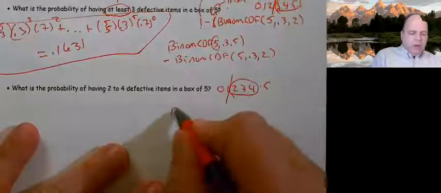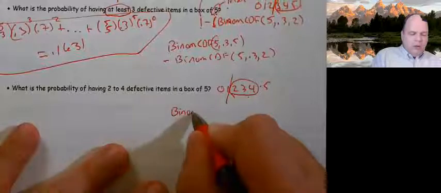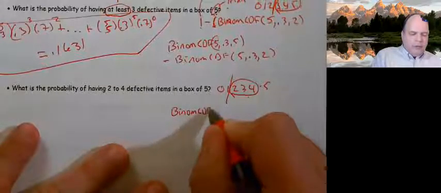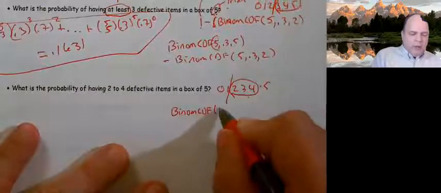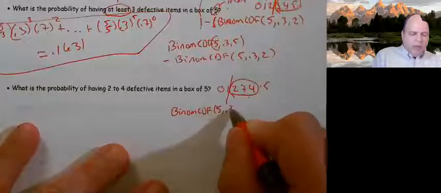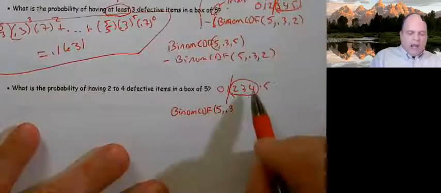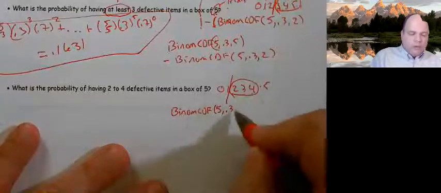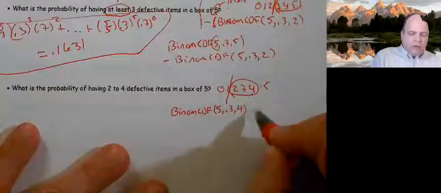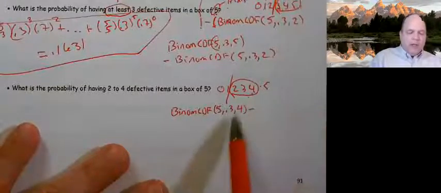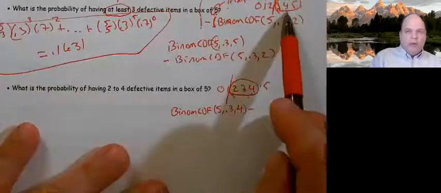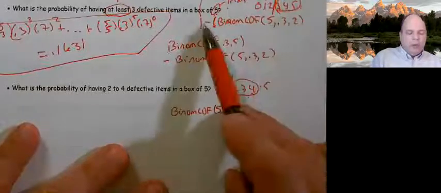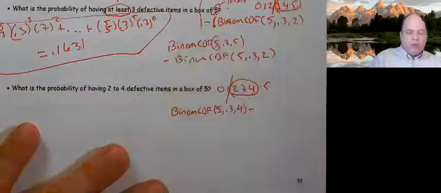So I'm going to do a binomial CDF, 5, 0.3. The highest value is a 4, minus, and by the way, up here we had a 5, which was all of the values, and that's why we got to cheat and use a 1. We got to shorten it.